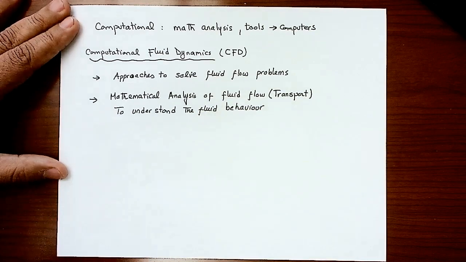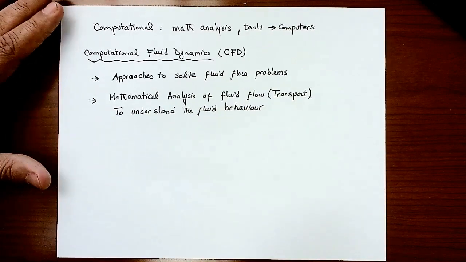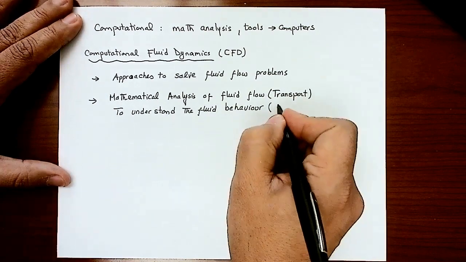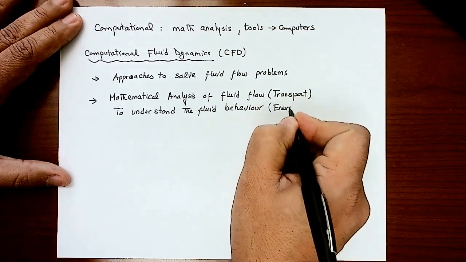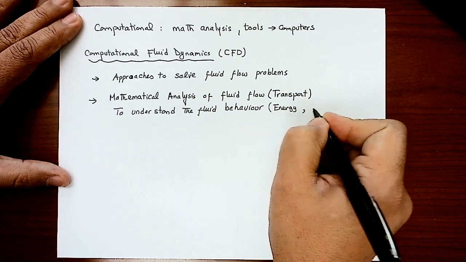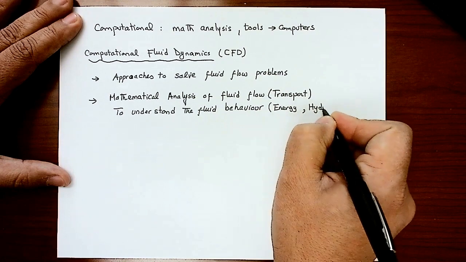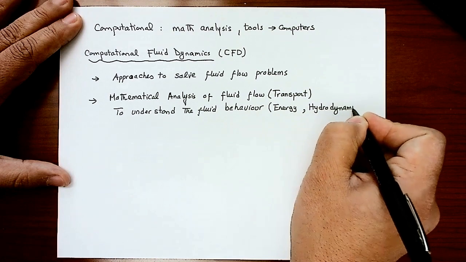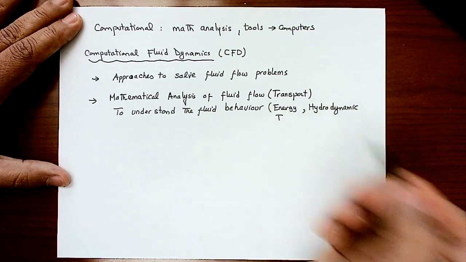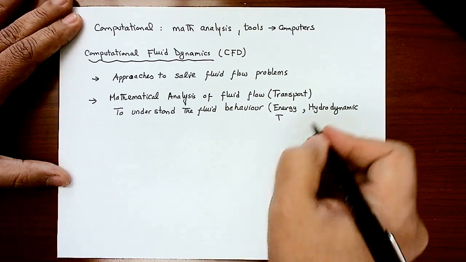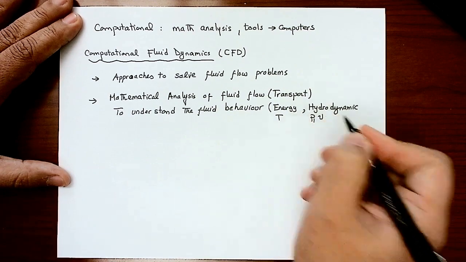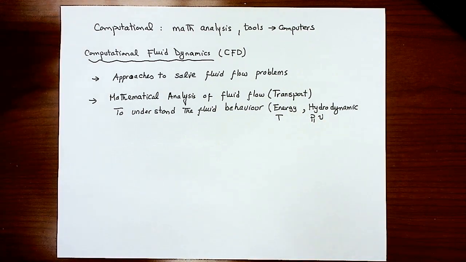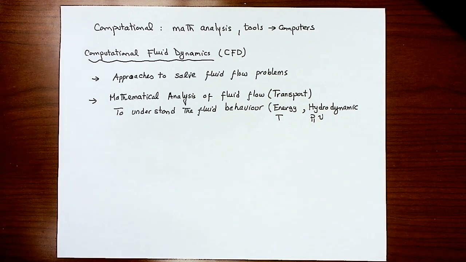When I say the fluid behavior, we would like to look into two specific things here. We're looking for the energy transport, and we're looking for the hydrodynamics. So for energy, we're looking for temperature, right? And for hydrodynamics, we're looking for pressure and velocity, right? These are the major parameters that we're always looking for when we do the analysis of a fluid flow problem.